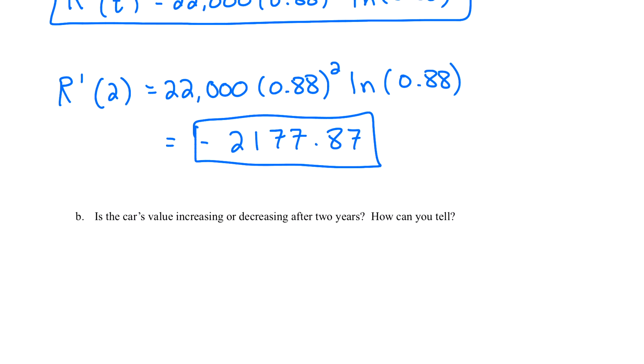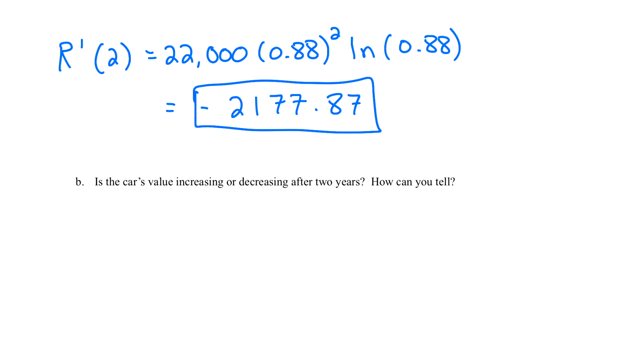So okay, we've got our derivative, we've got our R prime of 2. Part B is going to ask me, is the car's value increasing or decreasing after 2 years, and how can you tell? So these words, increasing or decreasing, really are asking me, how is the car's value changing? In other words, what is the rate of change? And this says after 2 years, that means that t is equal to 2.